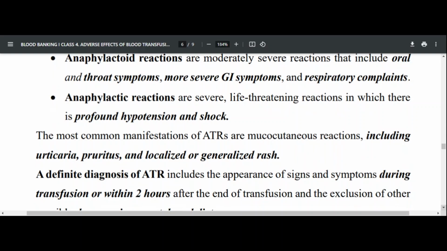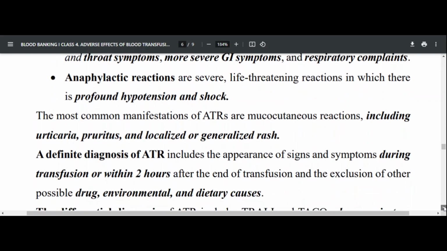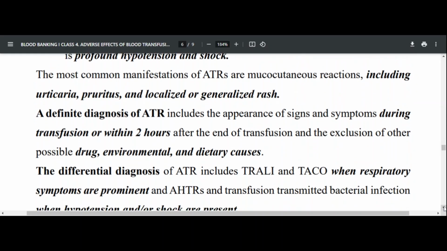So a definitive diagnosis of allergic reaction, what is it? It is the appearance of signs and symptoms during transfusion or within 2 hours after the end of transfusion, and exclusion of other possible drug, environment, and dietary causes. That is very helpful because sometimes some drugs can also cause allergy.